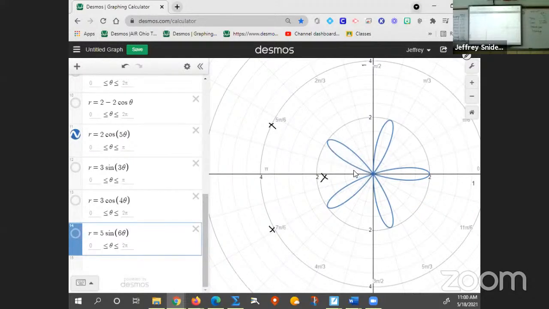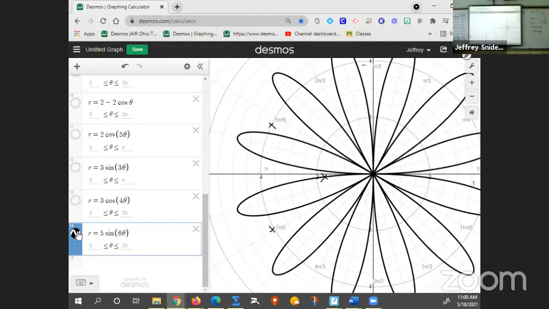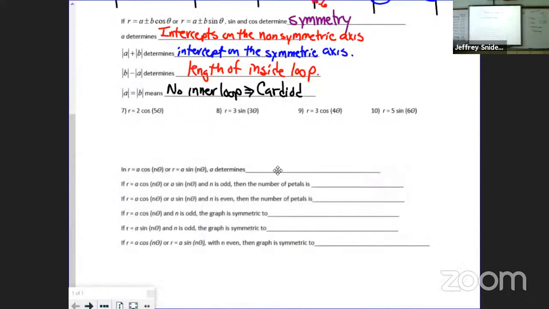Now, guess what these things are referred to as? They're actually referred to as roses. We call each of those a petal, all right? So the value of A determines the length of the petal. That one goes out length of 3. This one has a length of 5. So for that very first question, the value of A determines the length of each petal.